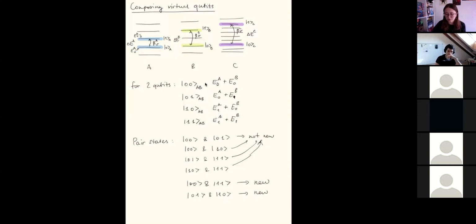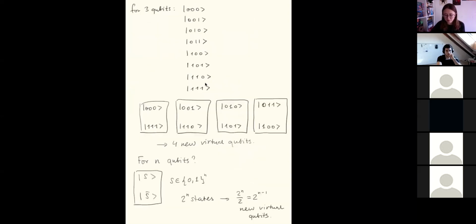In the lecture, the virtual temperatures for these two new virtual qubits, which I think are labeled as beta V plus and beta V minus, were calculated. And here you would also need to calculate the virtual temperatures for each of these 4 new qubits, which is fairly easy. You just need to follow the definition.